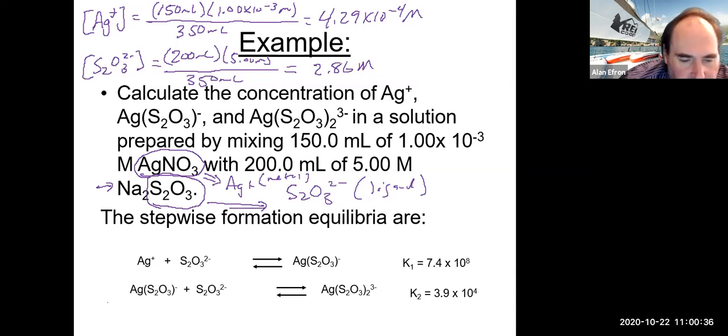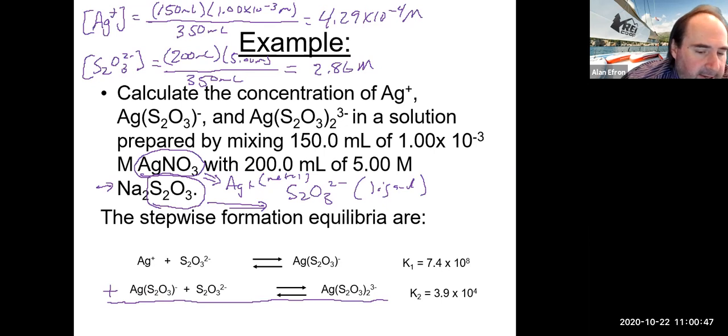We could also add together these two stepwise reactions and get our overall reaction that's happening here. And in our overall reaction, basically when we add this together, this guy and this guy will cancel.